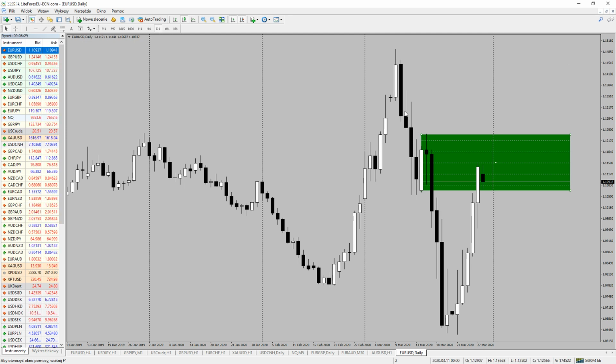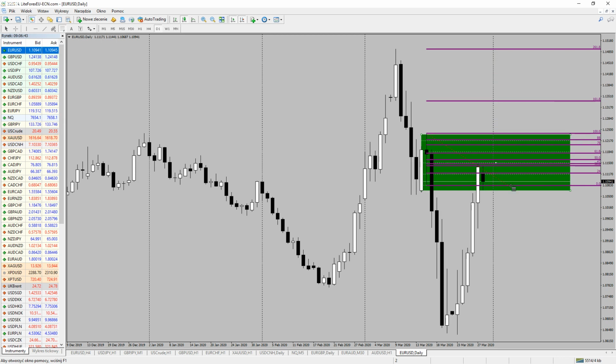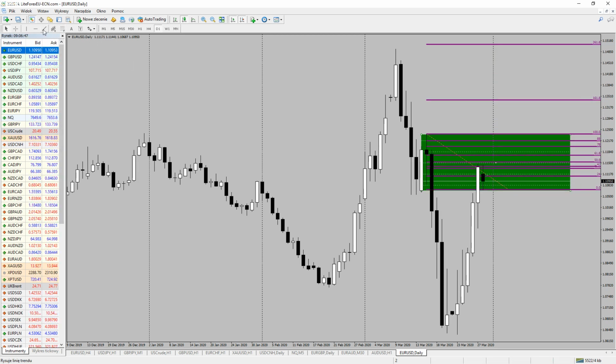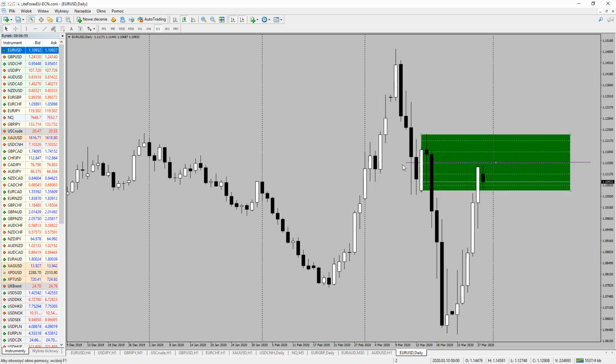Now, it's quite wide, true. So we can think about 50% of that. We can make the measure. We can use the fib if you want. And guess what? That's the 50, the levels we hit last Friday.